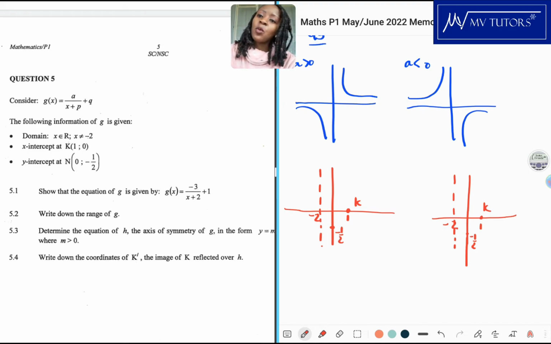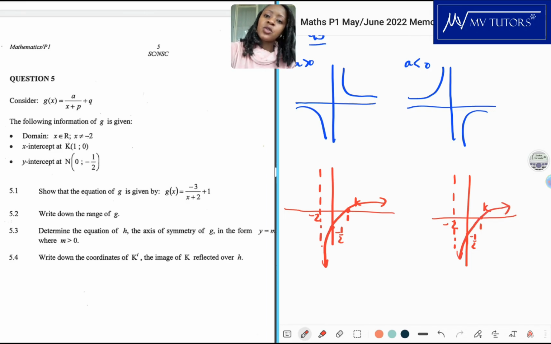So we know that a portion of the hyperbolic function does this. It can't be like that, guys. It just can't. So it has to be like that.